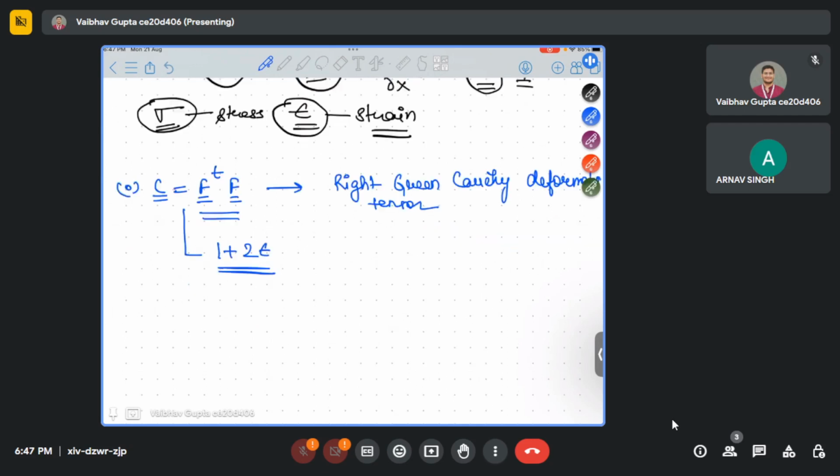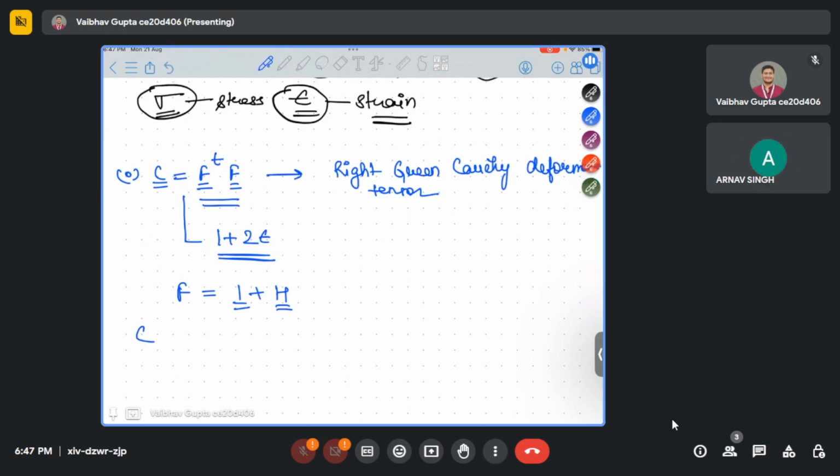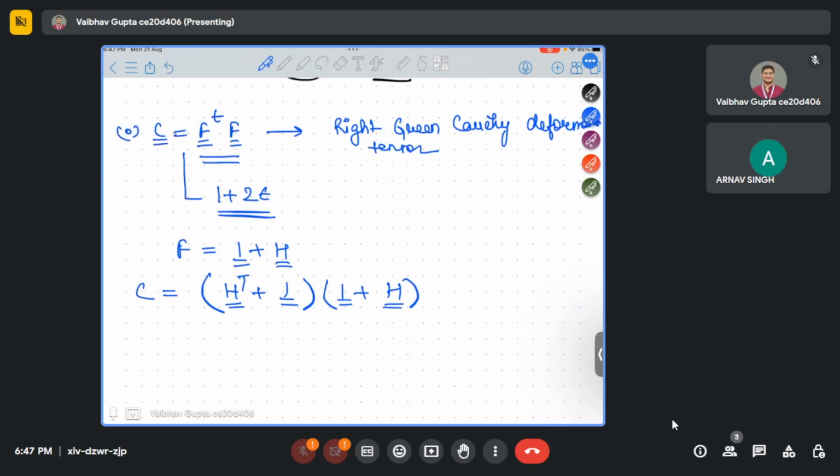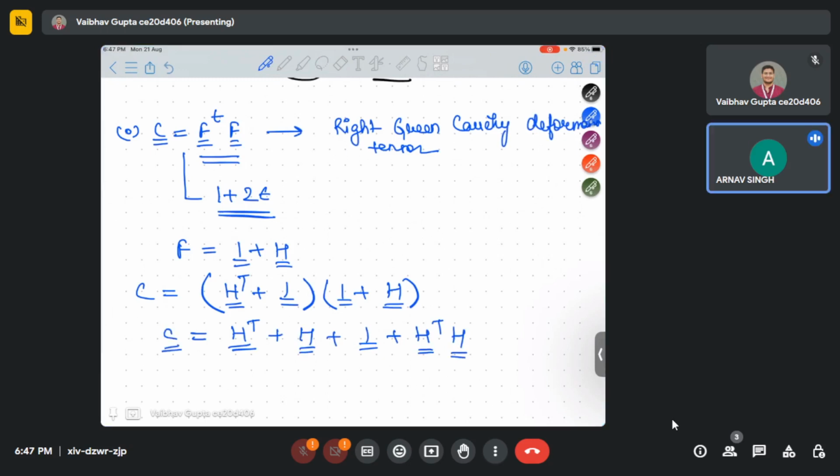See, F is identity plus H. So what is C? F transpose is I transpose plus H transpose, and I transpose is I only, multiplied by I plus H. If you multiply this, you will get H plus I plus H transpose H. Are you with me?